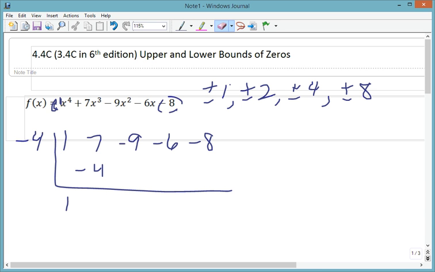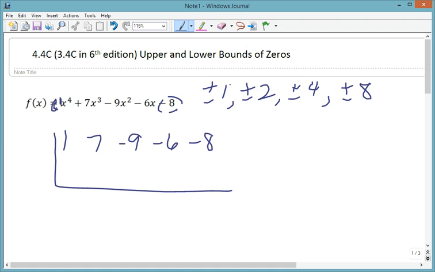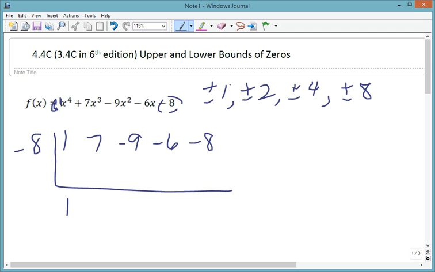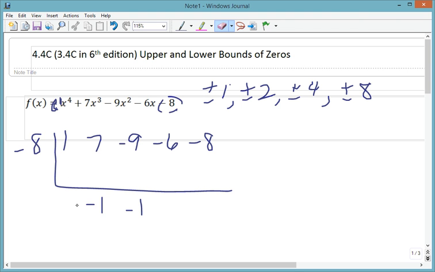Can you see already that in order for me to get a negative, or at least a 0 there, I'm going to have to go all the way to -7, but then I get a negative, so that one needed to be. All right, we'll go one farther to -8. Okay, that would be 8, but that's still negative, so that's not a lower bound.